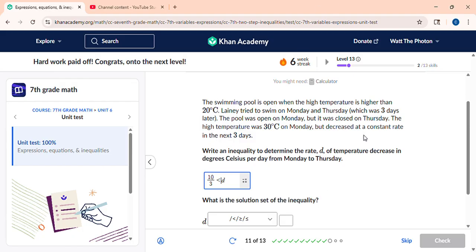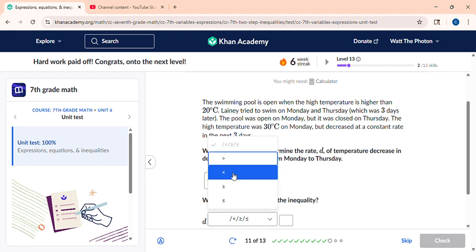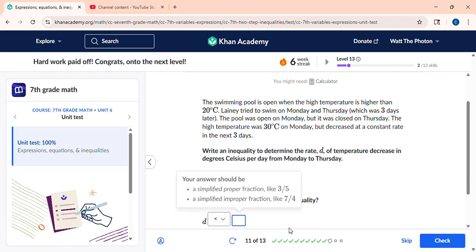Determine the rate, the temperature decrease in Celsius per day from Monday to Thursday. So the decrease has to be greater than 10 degrees. 10 over 3.